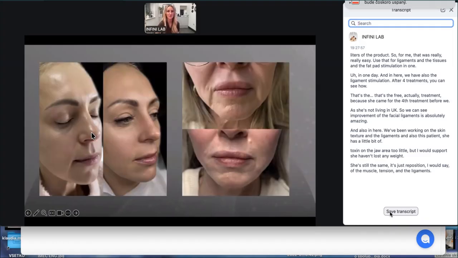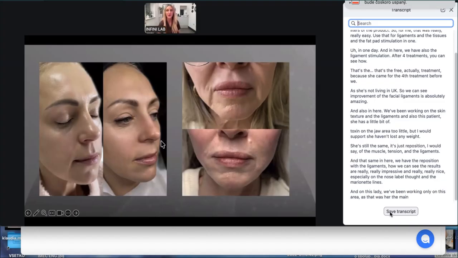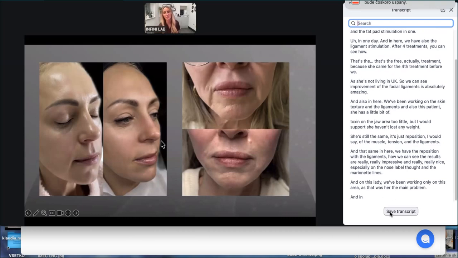And the same in here, we have the repositioning with the ligaments. You can see the results are really, really impressive and really nice, especially on the nasolabial fold and the marionette lines. On this lady, we've been working only on this area, as that was her main problem. In this case I used a combination.